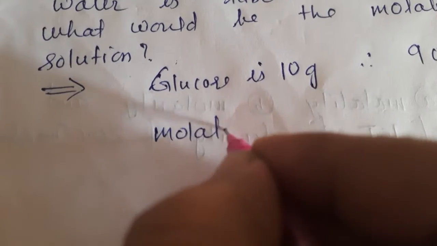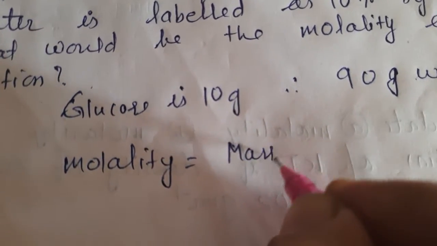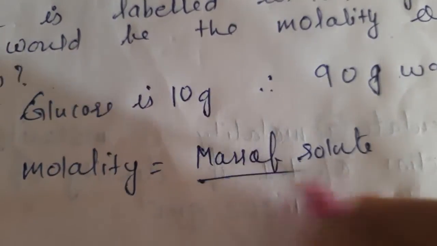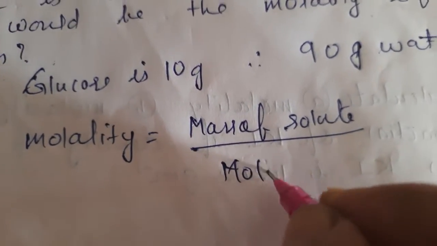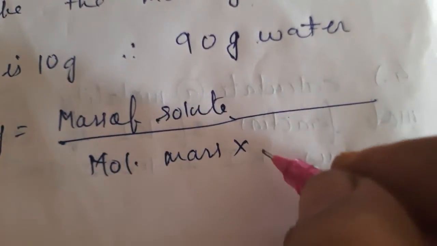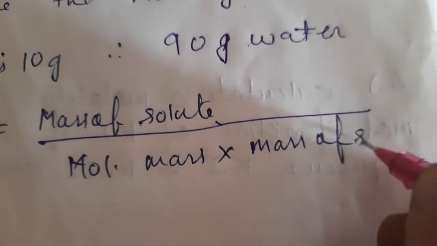Molality means molality is equal to mass of solute divided by its molecular mass into mass of solvent in kg. This is molality.